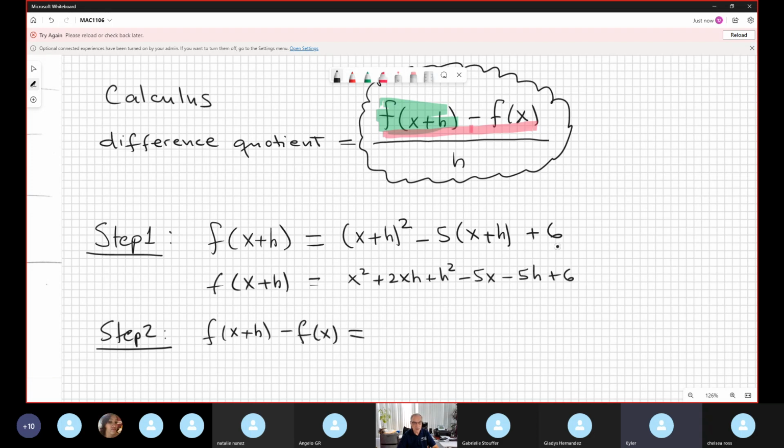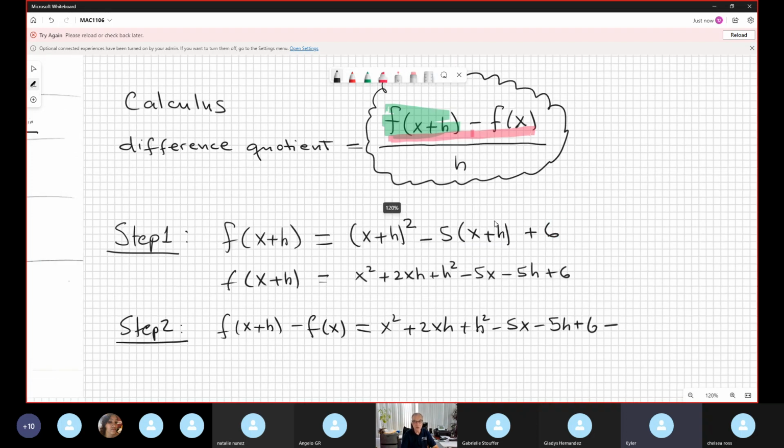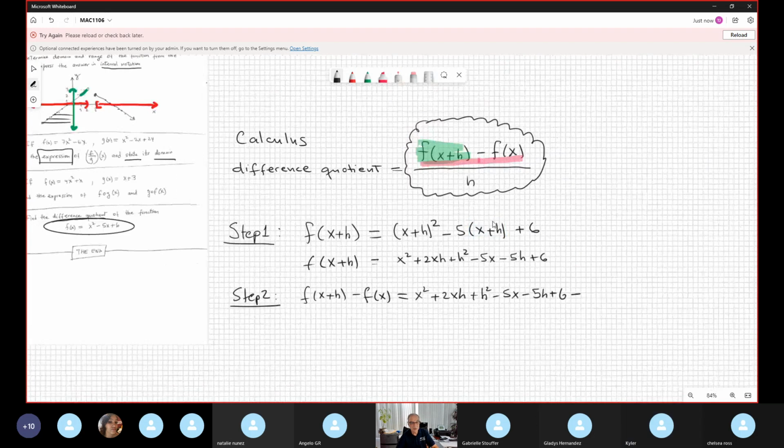Because I want to recopy x squared plus 2xh plus h squared minus 5x minus 5h plus 6 minus the original. What is the original? The original is x squared minus 5x plus 6. This minus affects everything, if you want to subtract.